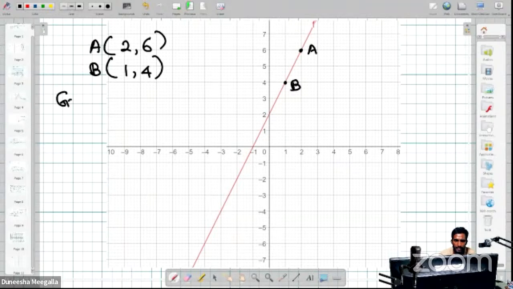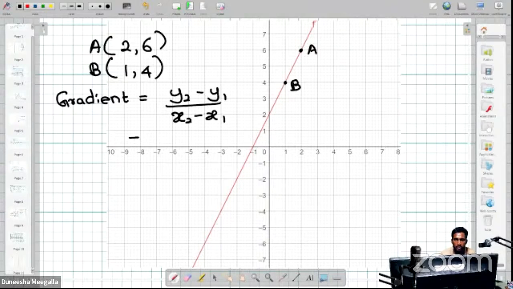Okay, taking the gradient. We find the gradient using the coordinates. The formula is y2 minus y1 over x2 minus x1. What is the y coordinate of point A?